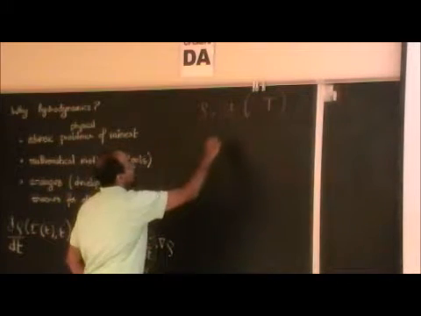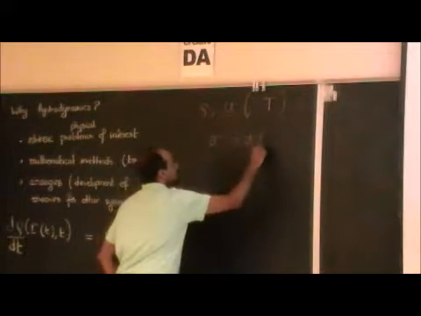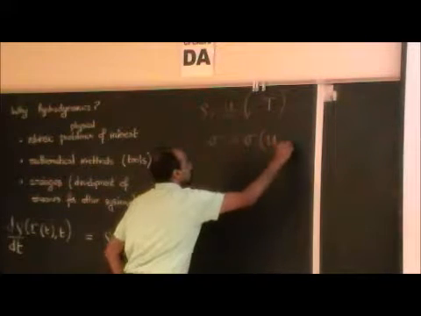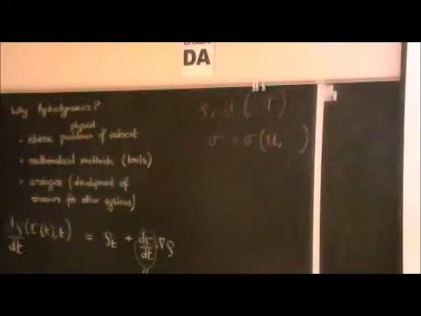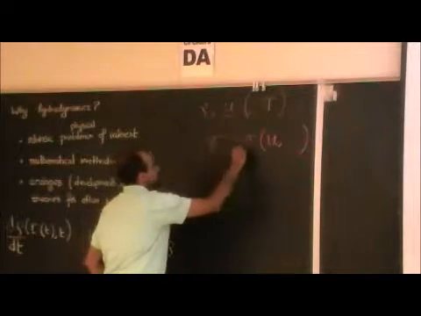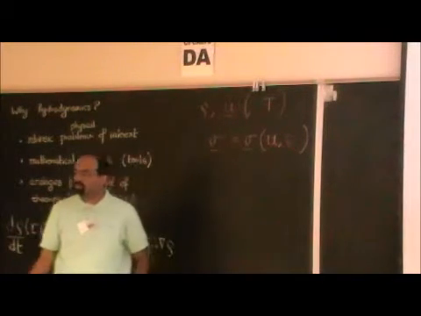So the problem is I have introduced a new variable sigma, and the only way to close the system is that this new variable sigma must be some function of u, could be a function of density, and so on and so forth. Yeah?